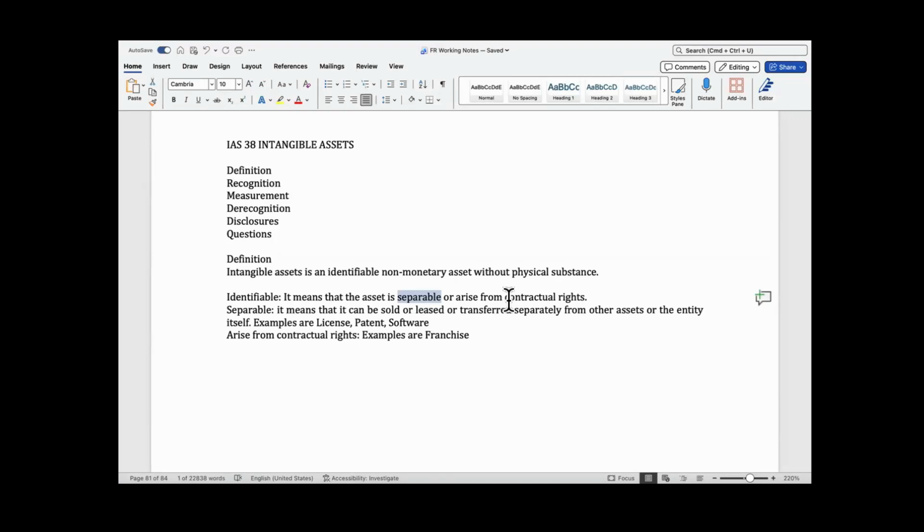You bought it as a result of a contract, so you don't have the right to transfer it to another person. Or there is masthead or even publishing titles. These ones are not arising from contractual rights, but are transferable. You can decide to transfer your publishing title. You can decide to transfer your masthead. So there are numerous examples of intangible assets as it were.